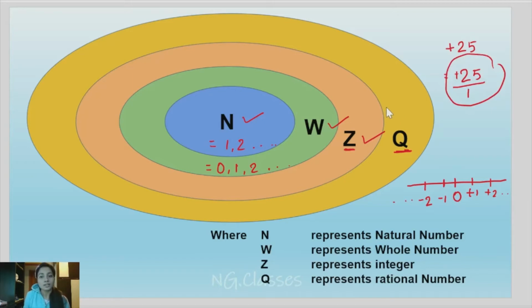So all the natural numbers, whole numbers and integers are rational numbers. Apart from this, all the fractional numbers are also rational numbers. Only one condition we will follow, that is the denominator, that is q, must not be 0.